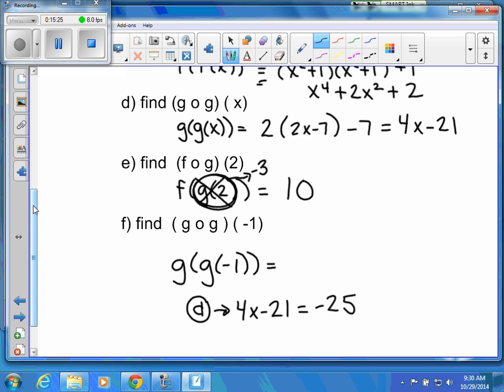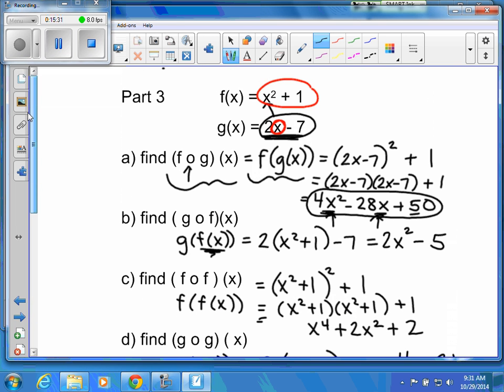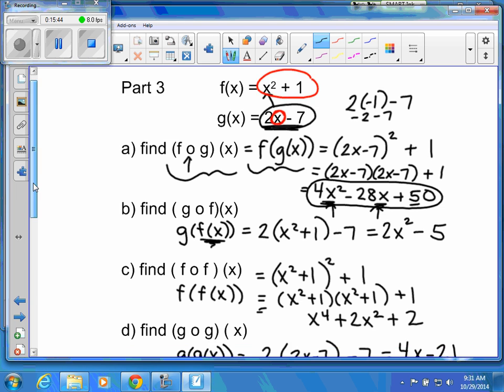I could plug it back into D, or I could just go back up to the top and do g of a negative 1. I'm going to go 2 times a negative 1 minus 7. 2 times a negative 1 is a negative 2, minus 7 gives you a negative 9.